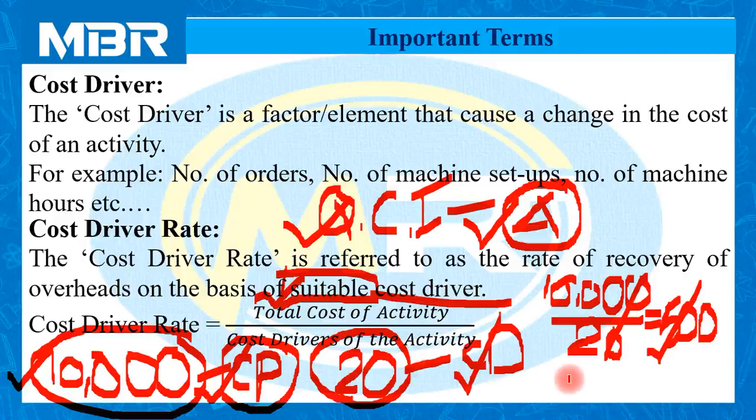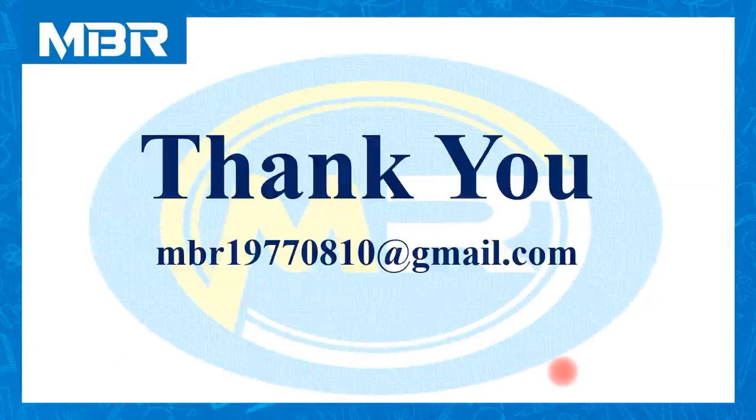The entire activity based costing concept works on the cost driver rate. So clear your fundamentals very properly. I hope everybody is clear with the concept of activity based costing with all important terminologies.